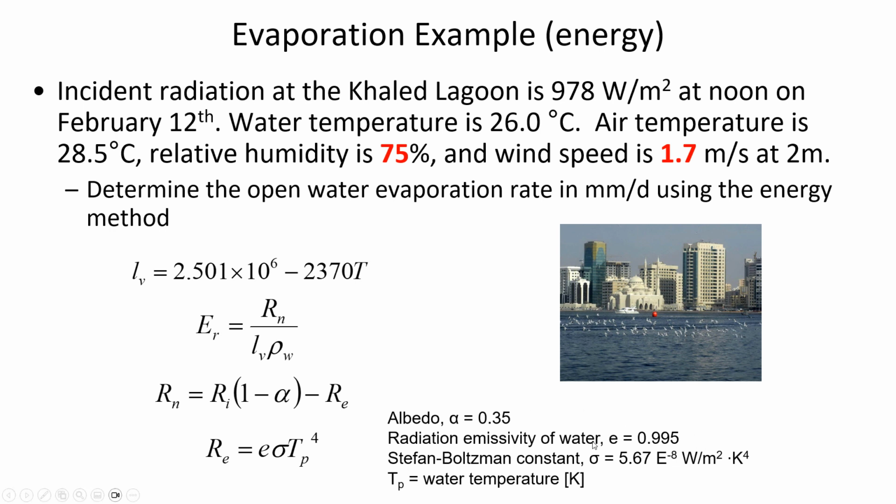The radiation emissivity constant, we'll use in trying to estimate the outgoing emitted radiation based on the temperature of the water, and that also depends on the Stefan-Boltzmann constant. These are two constants that we're going to use with the water temperature in Kelvin, and what comes out, in watts per meter squared, is how much energy is being radiated by the water for a given temperature.